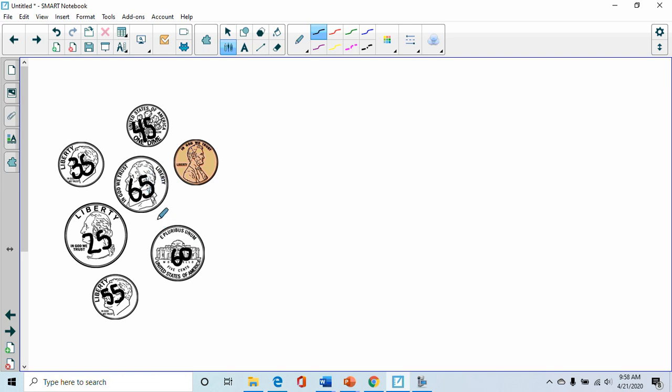I'm done with my nickels and I'm going to my pennies, so I'm going to switch over to a 1 count. 65, 66. These coins equal decimal point 66 cents.